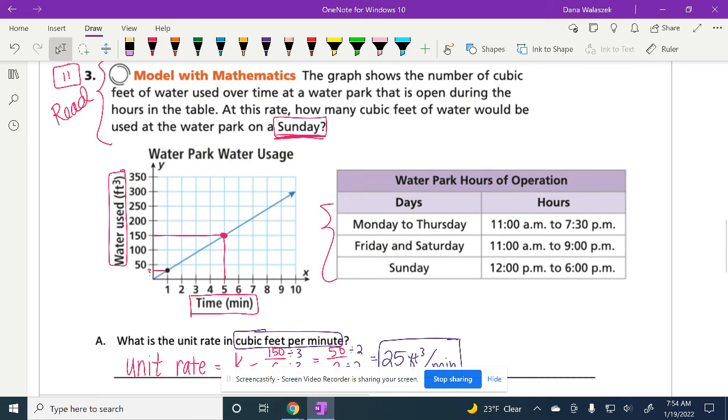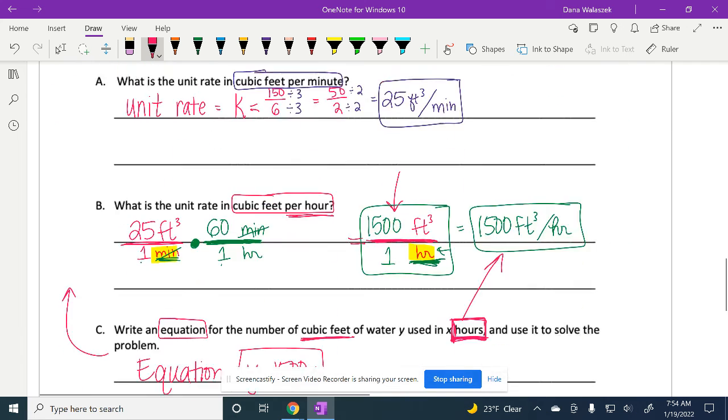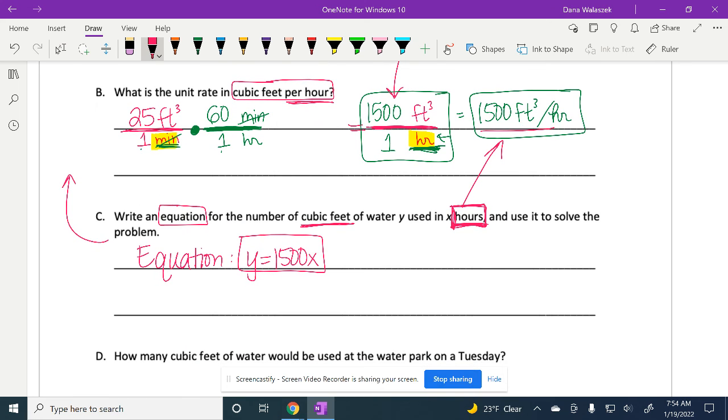So the problem was, how much water is used at the park on a Sunday? So I need to know how many hours is the park open on a Sunday, from noon to 6 p.m. is 6 hours. And it uses 1,500 cubic feet per hour.